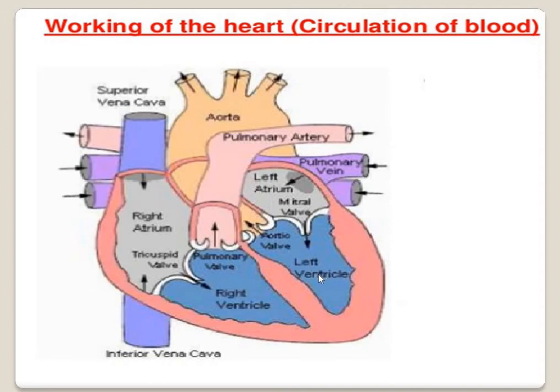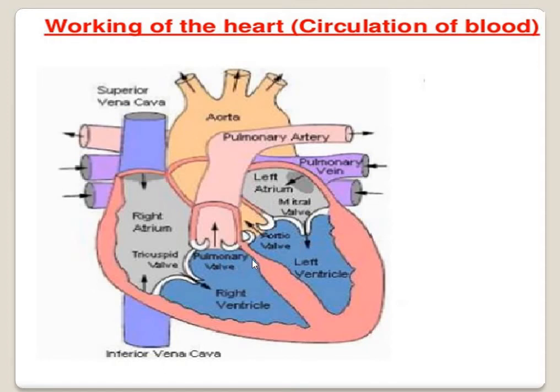The four chambers of the heart are the left auricle, the right auricle, the left ventricle and the right ventricle. Auricles are externally demarcated from the ventricles by an irregular coronary sulcus, which is a groove.